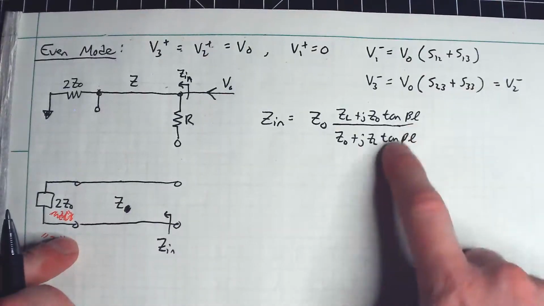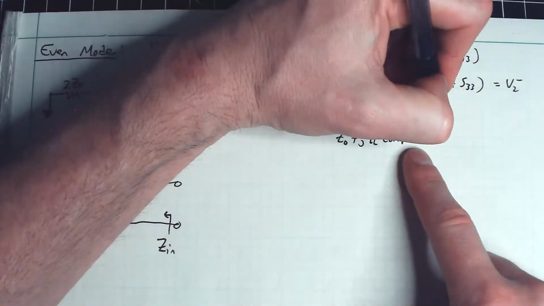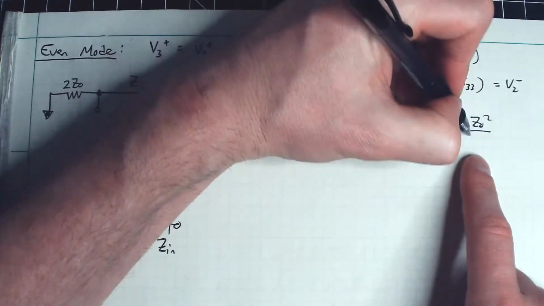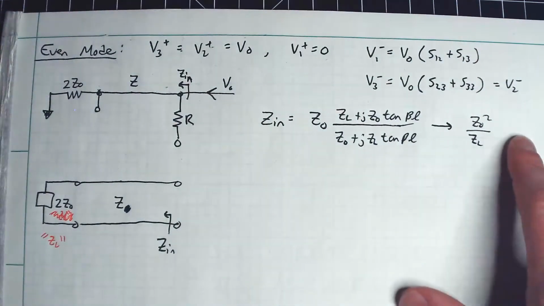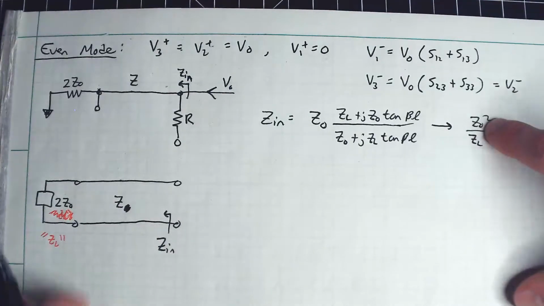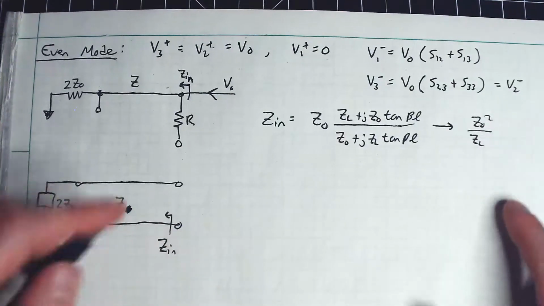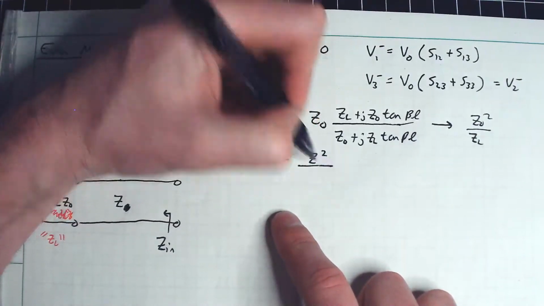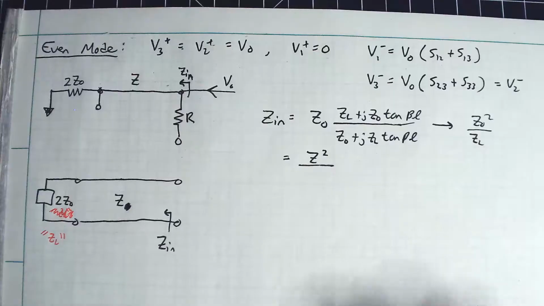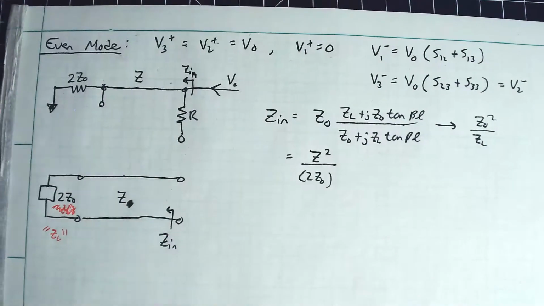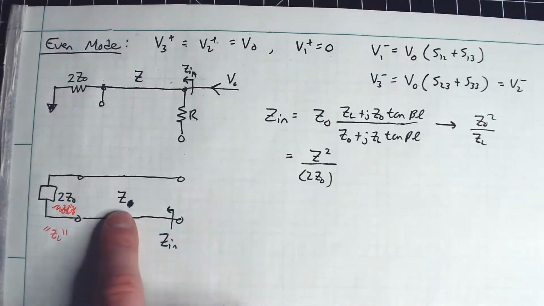So what that does is the tangents blow up to infinity, and this approaches Z0 squared over Z sub L. So that's the generic case. In particular, for this situation, the Z0 corresponds to this unknown Z. So what I'm actually going to get is Z squared divided by, and my quote-unquote load is this 2 Z0 here. And I am free to pick this Z.